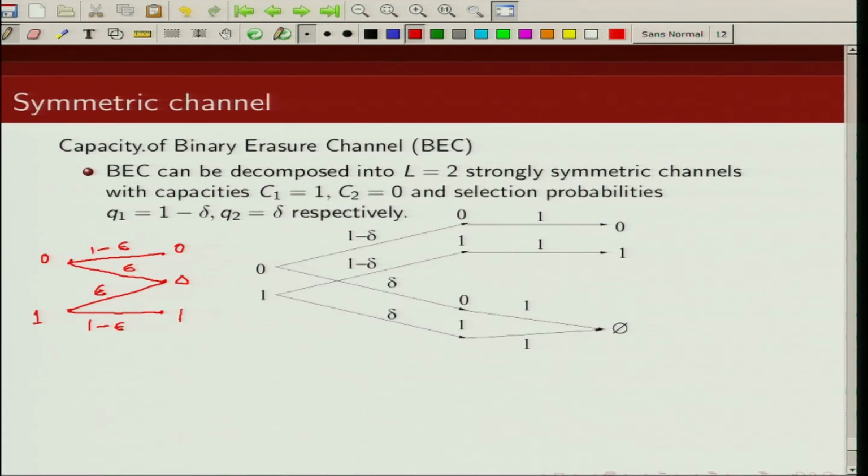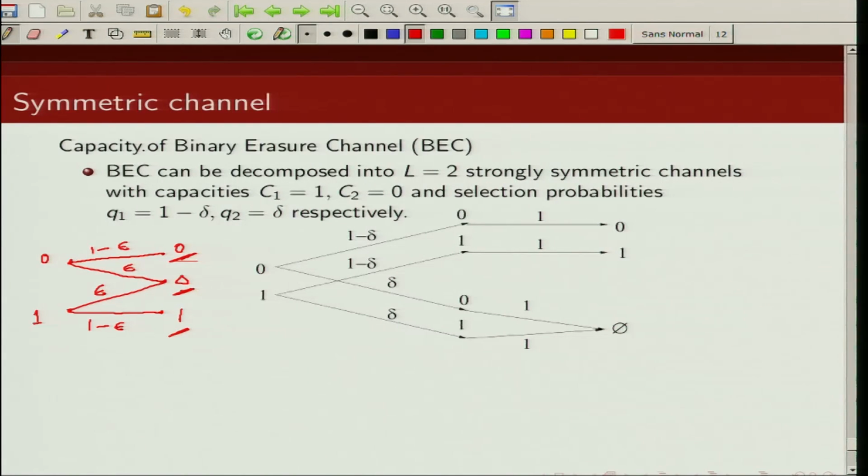You either receive the packets correctly, or if you do not receive the packet correctly, then you want to discard them. Now this binary erasure channel, as you can see here, if we look at the focusing of this particular input 0 and 1, they are the same, and the focusing of this delta is the same.